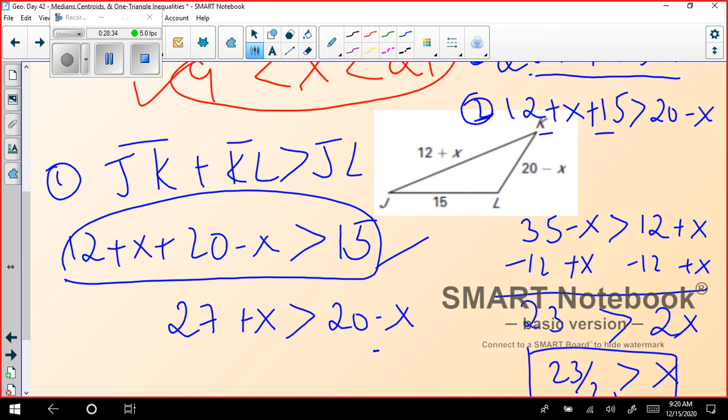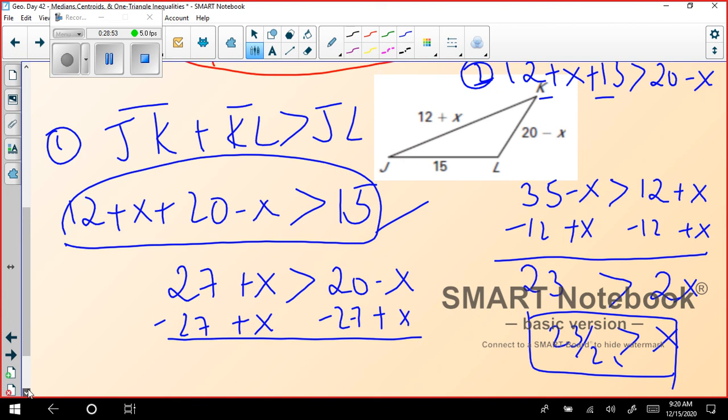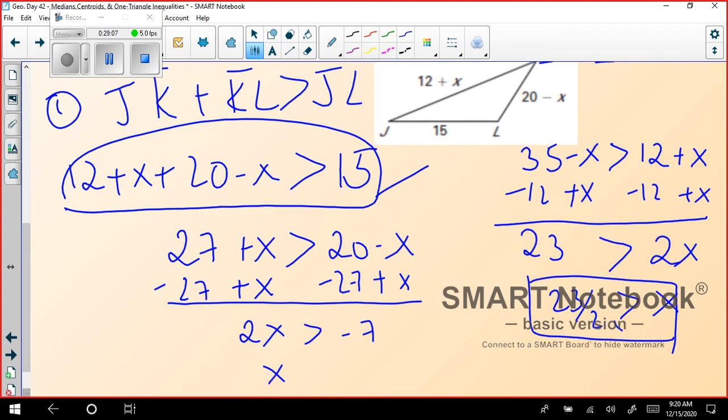Let me add x here and subtract 27. That gives me 2x is greater than negative 7. Then divide by 2 on both sides, and I get x greater than negative 7 over 2.